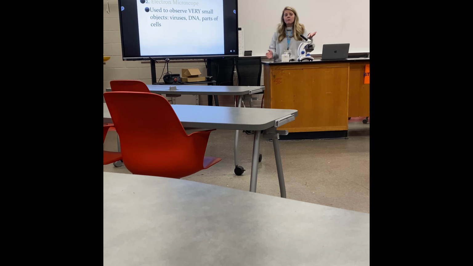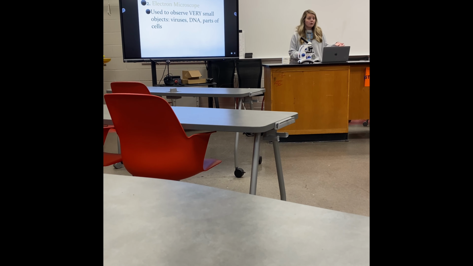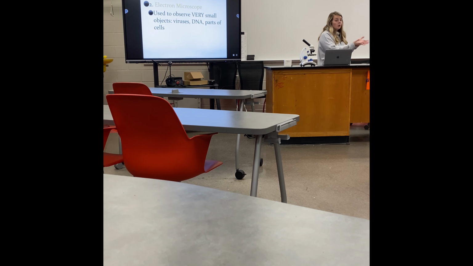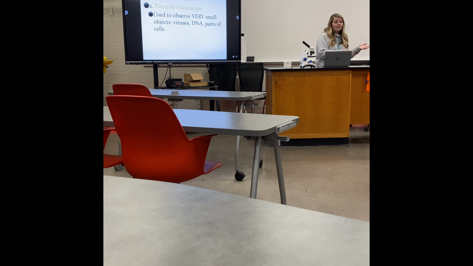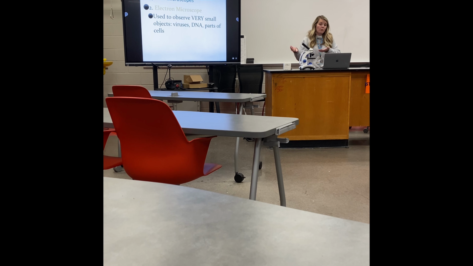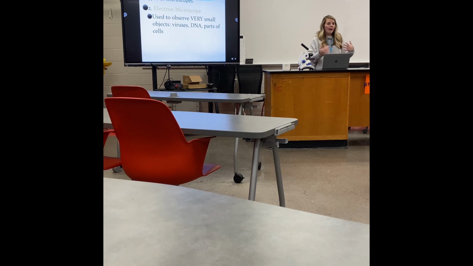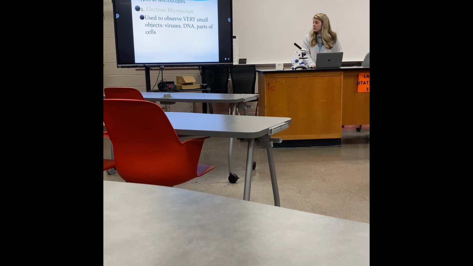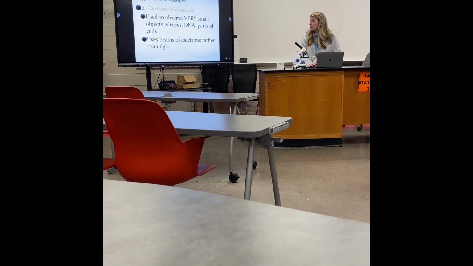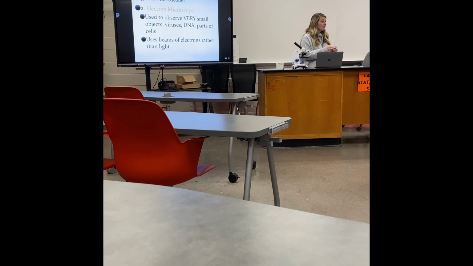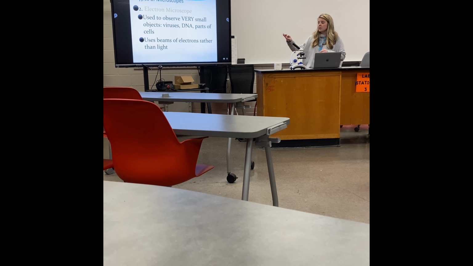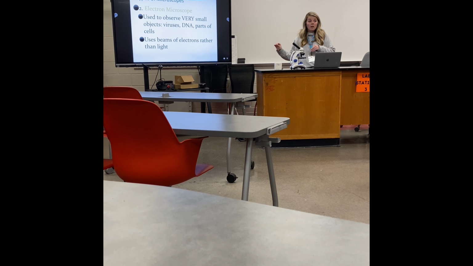So the difference here is compound microscopes show you images in color, but an electron microscope is always going to be black and white. They have to go and add color in after the fact, okay? It shoots beams of electrons rather than the light that a compound microscope does.